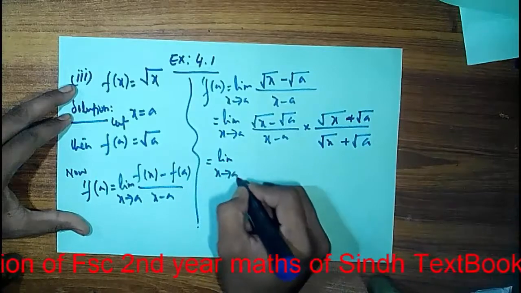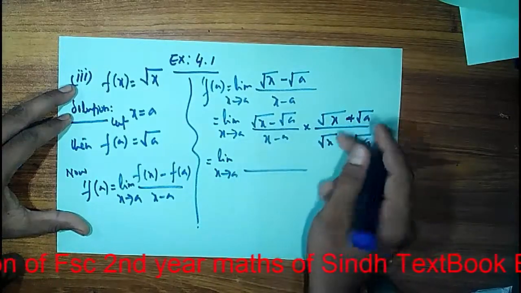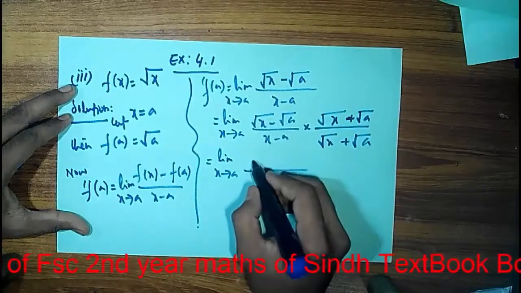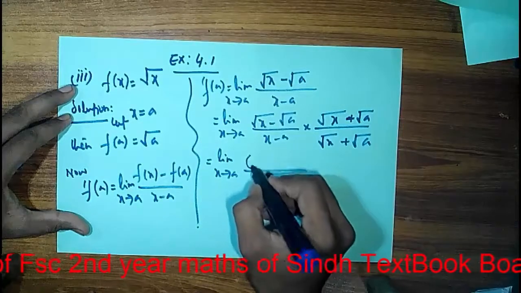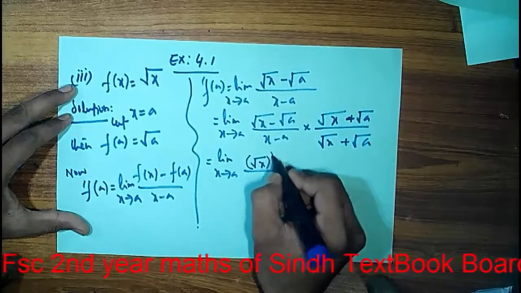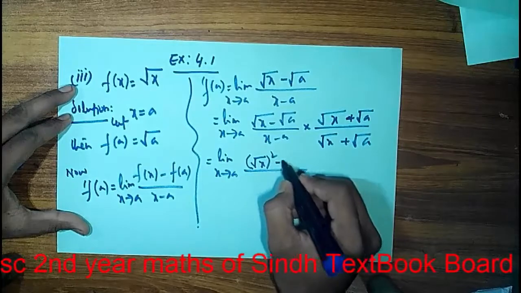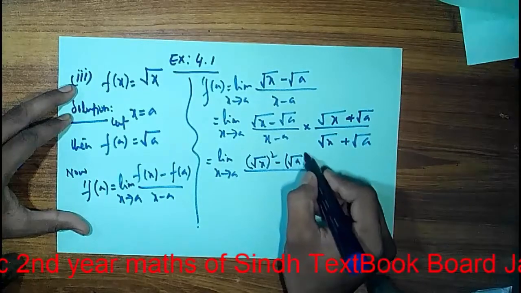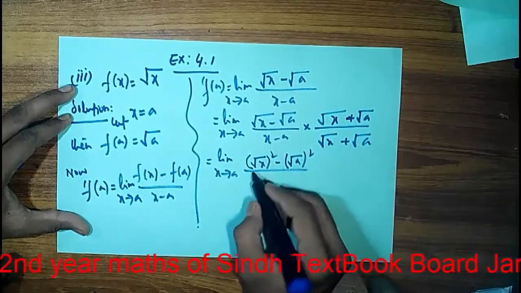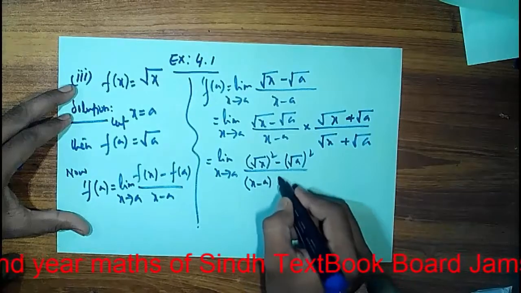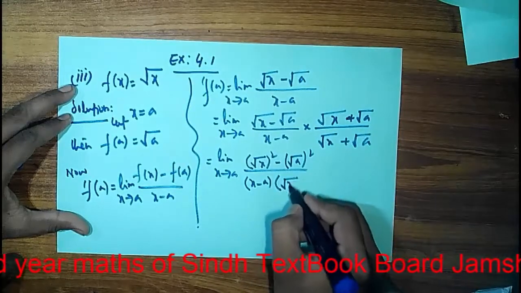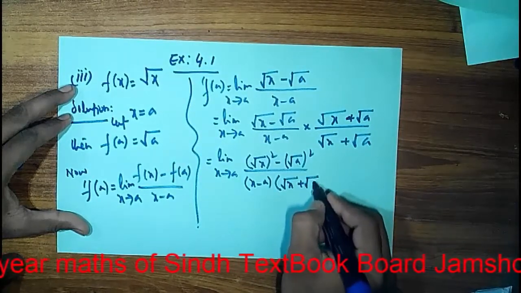Limit x tends to a, so in the above terms we get here under root x square minus under root a square, and x minus a into under root x plus under root a.